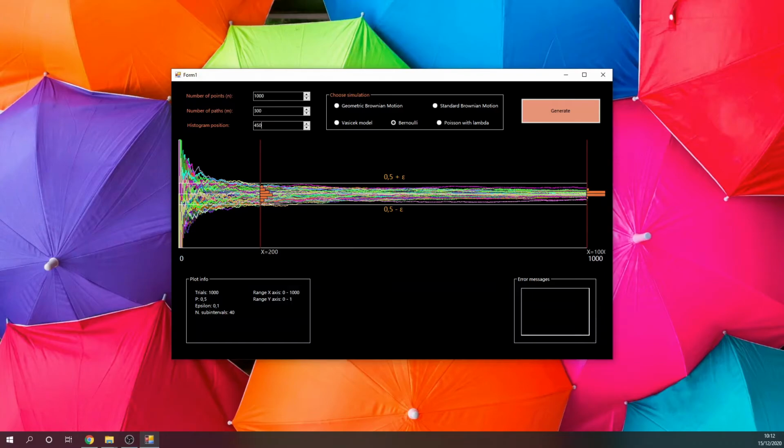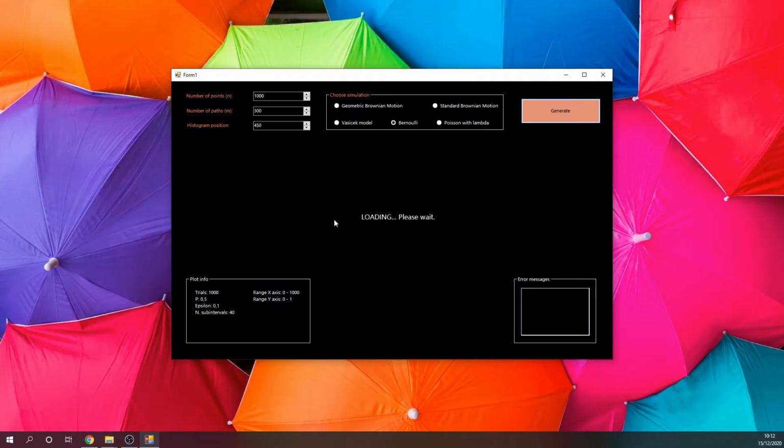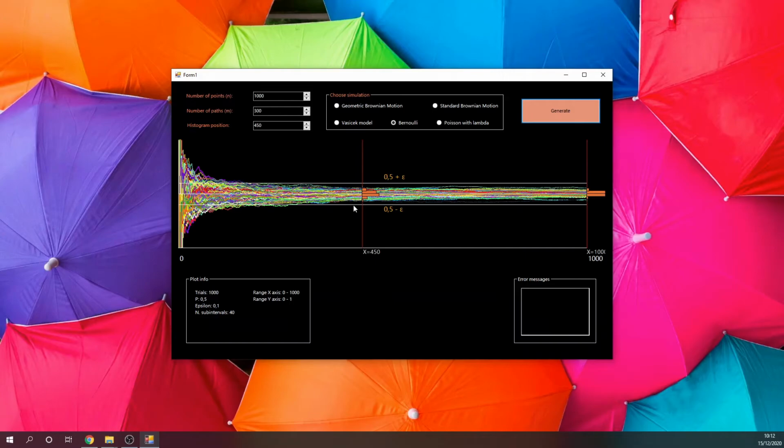So for example, at time 450, all paths are staying inside this strip. So the probability of having any path outside this strip is equal to 0. And it goes on like this and continues in the same behavior.